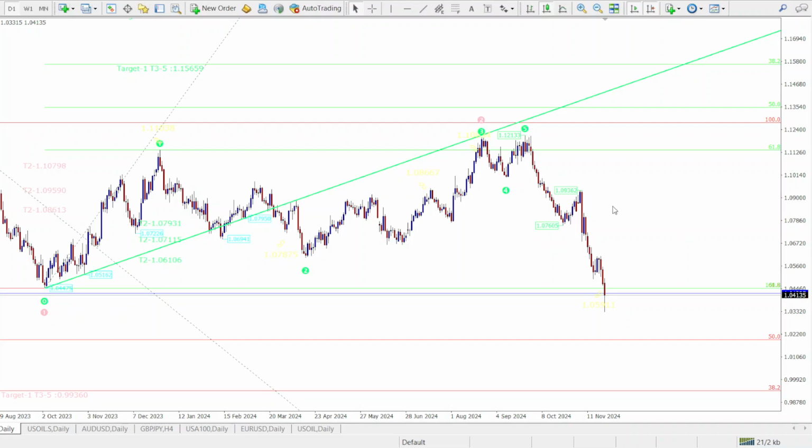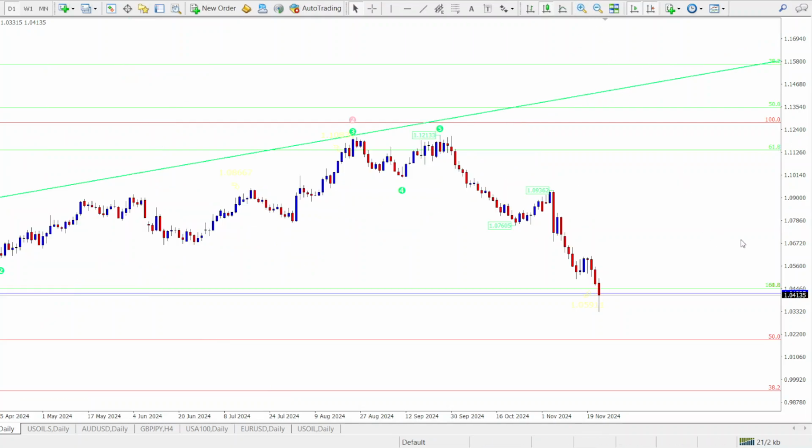We can see that the indicator has already shown us a possible reversal point around here and a possible reversal point around here. The current trend is a sell trend. As we can see, this is actually the current trend. It's a sell trend, but the indicator has shown us that we could possibly see a reversal here.